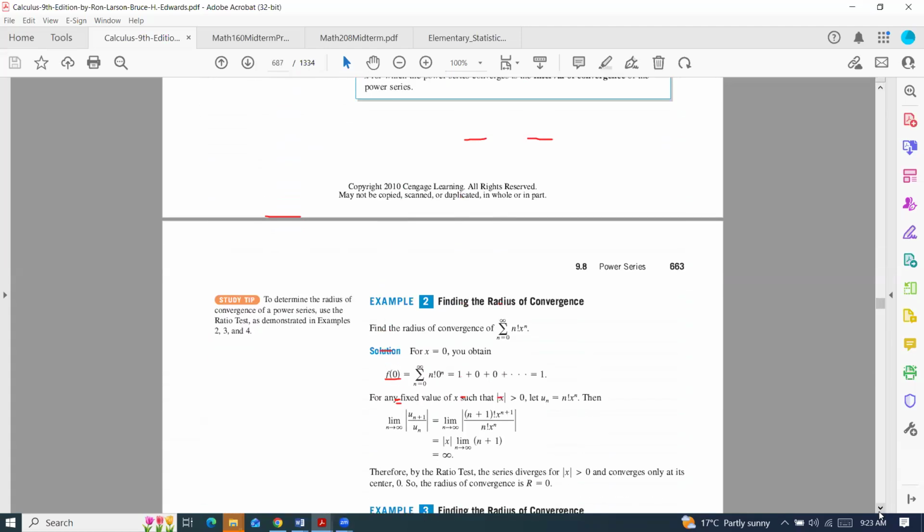So they ask us to look at the series n factorial, but multiplied by x to the power of n. So what about x? What x will be giving us the finite sum, and what x will be giving us the infinite sum? So for example, they say in the beginning, what if x is equal to 0?